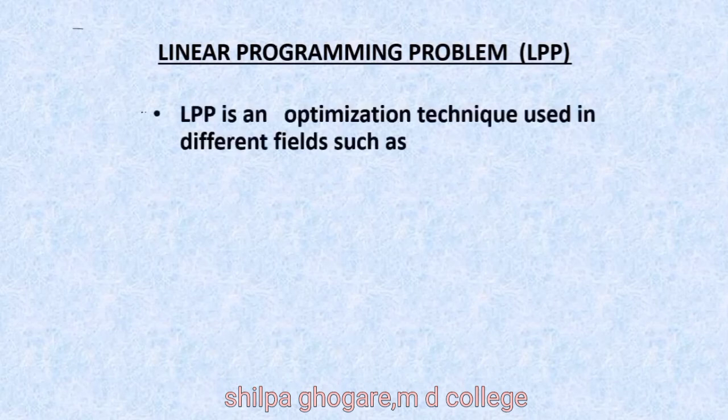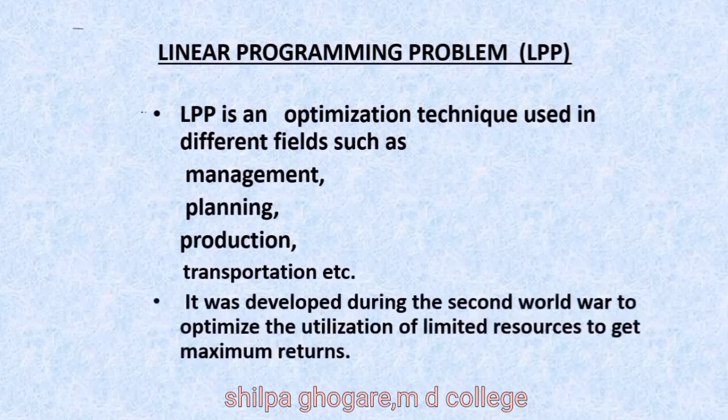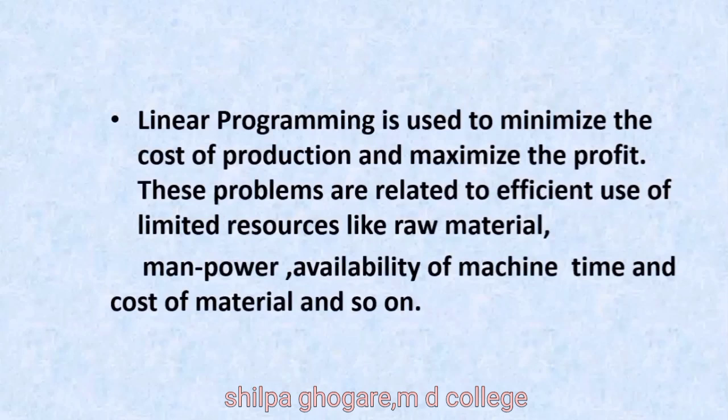Now, after the illustrations, let's look at the theory part. LPP is an optimization technique used in different fields such as management, planning, production, transportation, etc. It was developed during the Second World War to optimize the utilization of limited resources to get maximum returns.